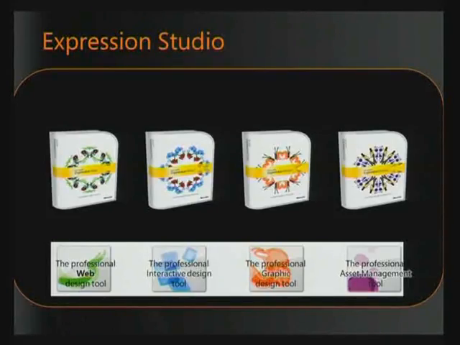And the last one is Expression Media. With Expression Media, you have 2 separate projects in the box. You have one called Expression Media, which manages rich media content. It could be pictures, video, or Word documents, PowerPoint documents also.